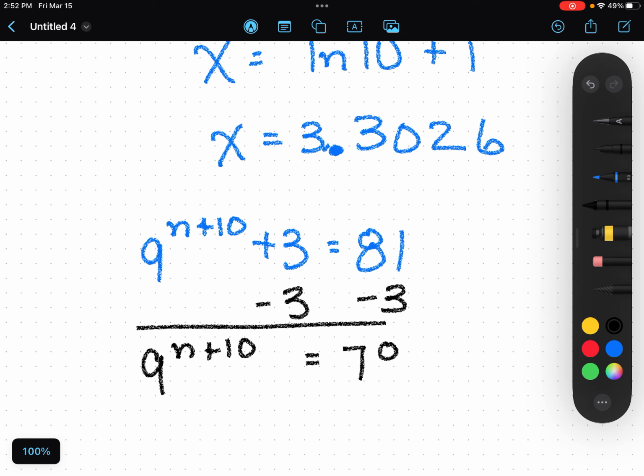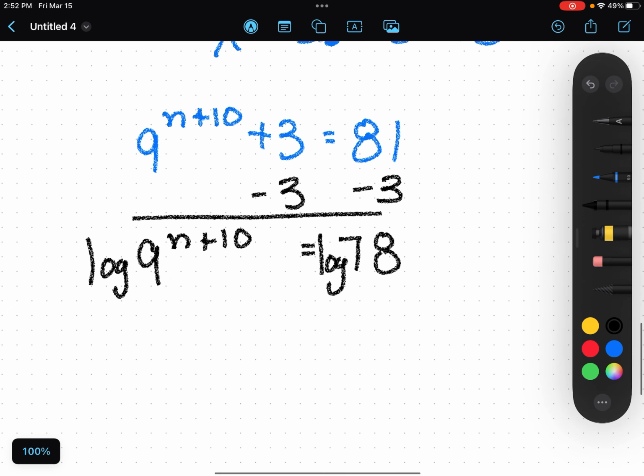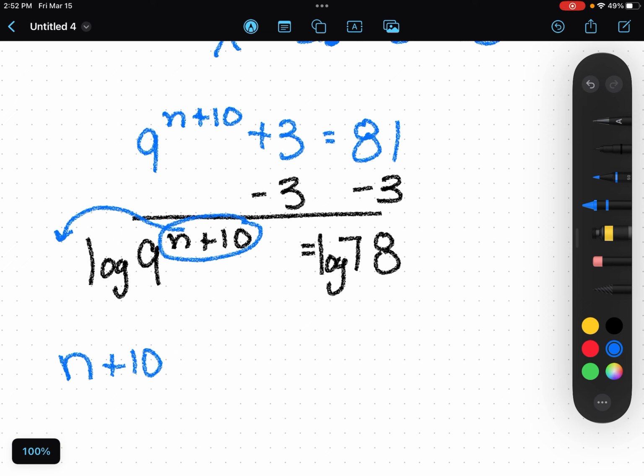So I get 78. And then I log both sides. I only use ln when there's e in play. And then this can then go to the front. And plus 10 times the log of 9 equals the log of 78.